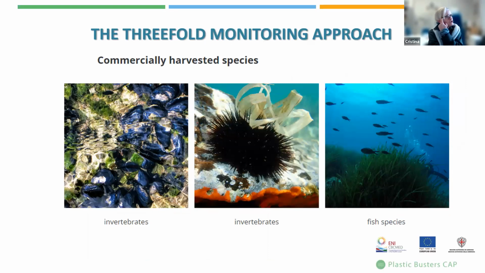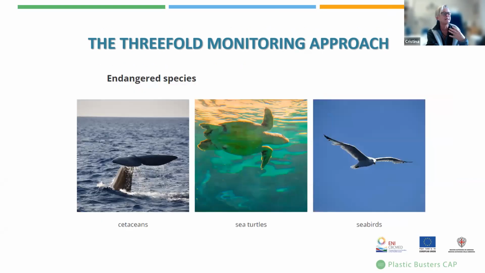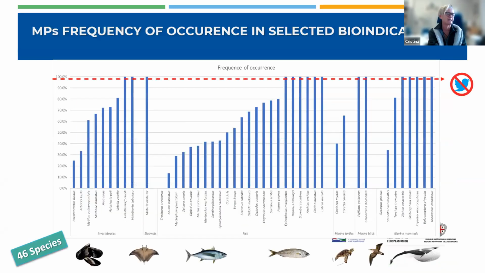I would like to show the application of the threefold monitoring approach in commercial harvest species, ranging from invertebrates to fish species, and also give you some example case studies of the application of this methodology in endangered species, ranging from sea turtle, seabird, and cetacean.